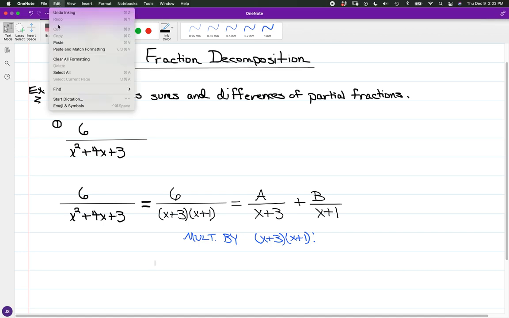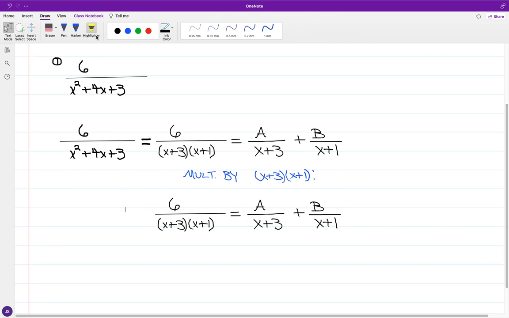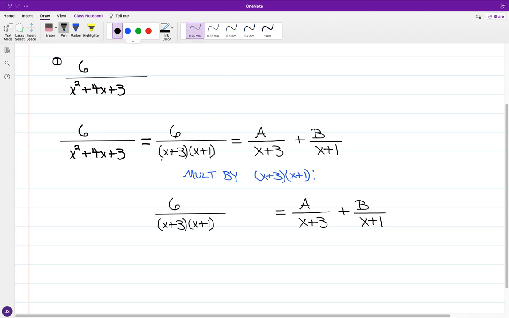So for what we have now, you have 6 all over x plus 3 times x plus 1. And if I multiply this ratio by the least common denominator, x plus 3 and x plus 1 will completely cancel.